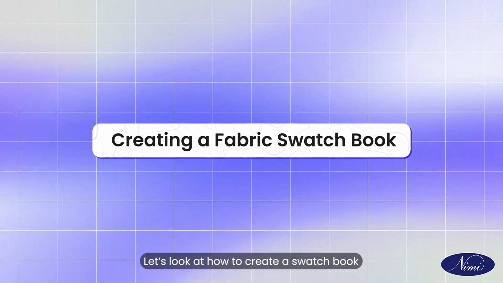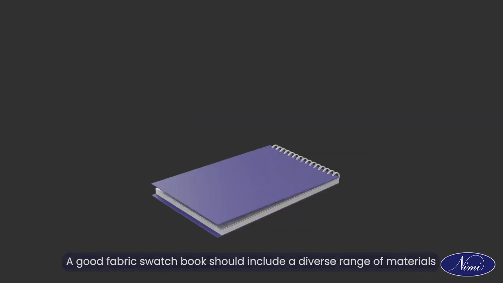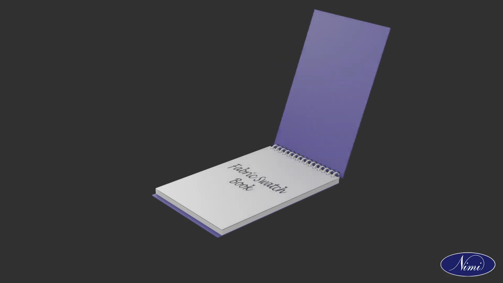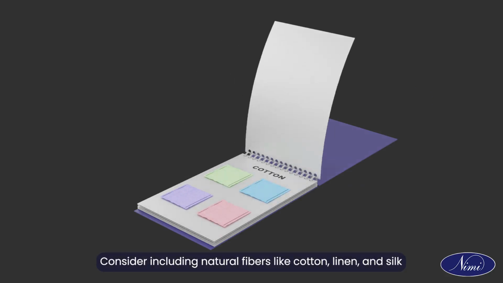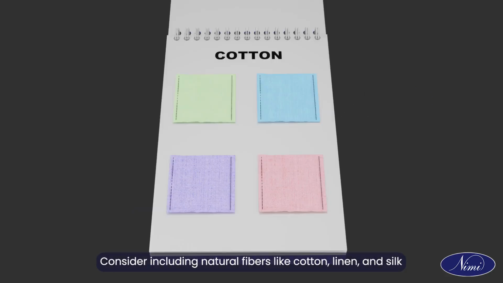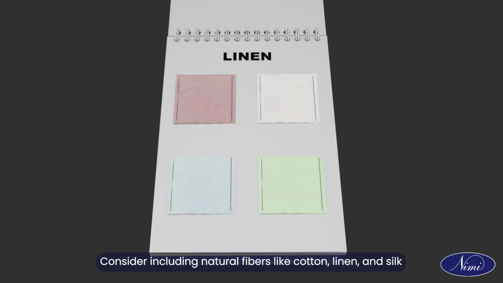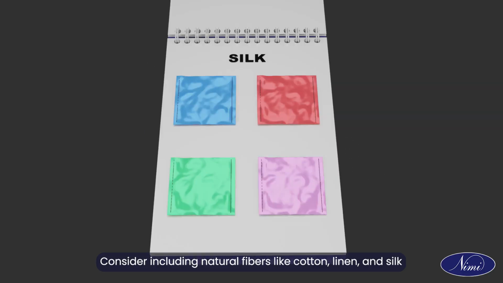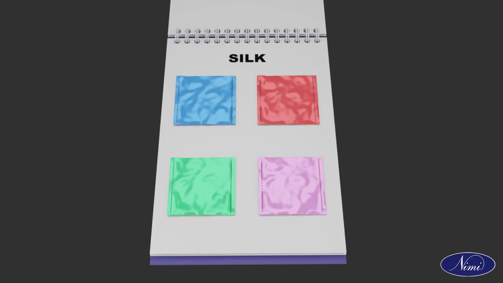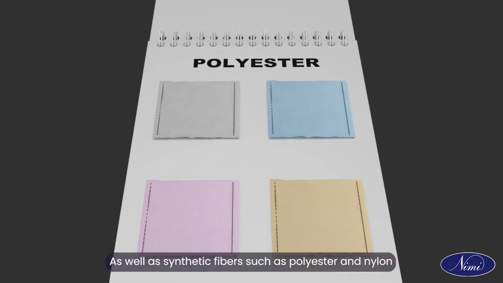Let's look at how to create a swatch book. A good fabric swatch book should include a diverse range of materials. Consider including natural fibers like cotton, linen, and silk, as well as synthetic fibers such as polyester and nylon.